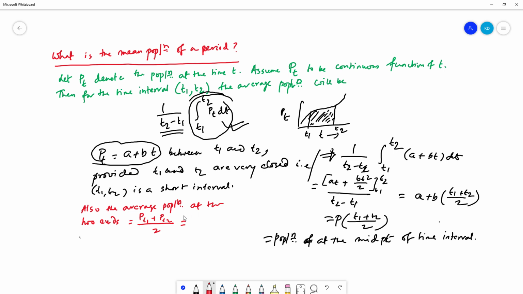Since P(t) equals a plus bt, this is a plus bt1 and a plus bt2, divided by 2.